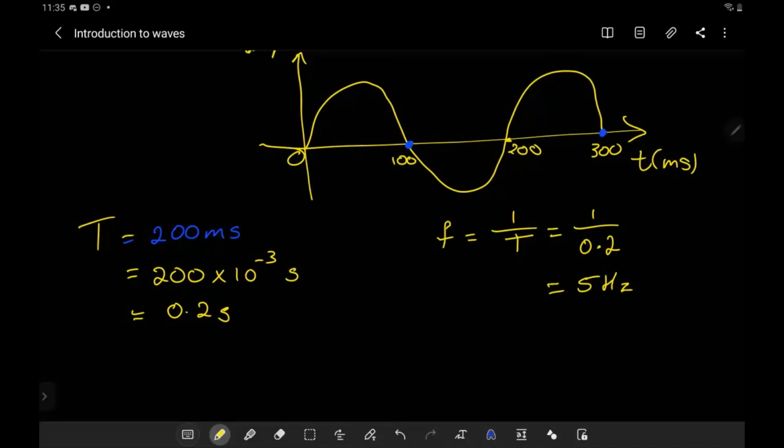So that means 5 waves are passing every second. That is what the frequency means. So for every second that passes, 5 of these waves pass, because one complete wave happens every 0.2 seconds.